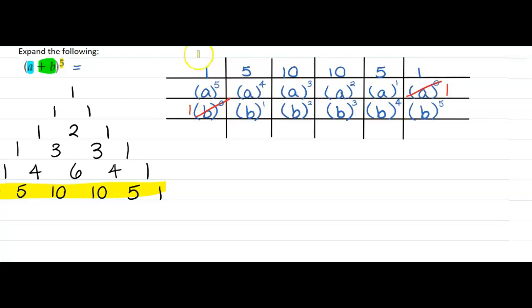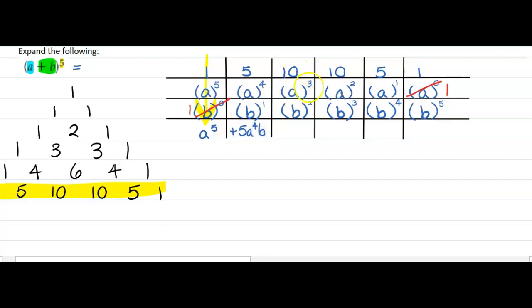And now we are just going to multiply down each column. 1 times a to the 5th times 1 is simply a to the 5th. 5 times a to the 4th times b to the 1st gives me a positive 5 a to the 4th b.